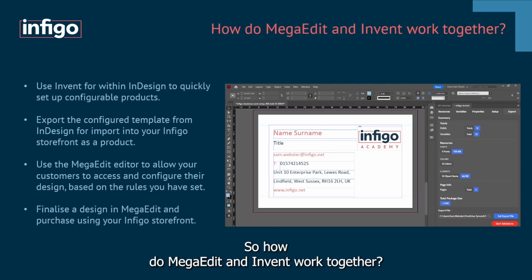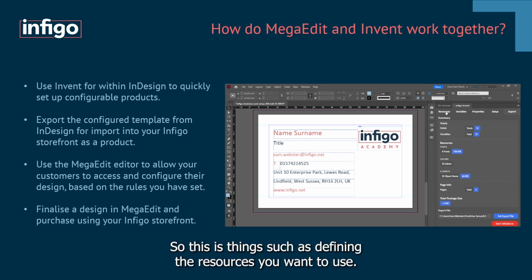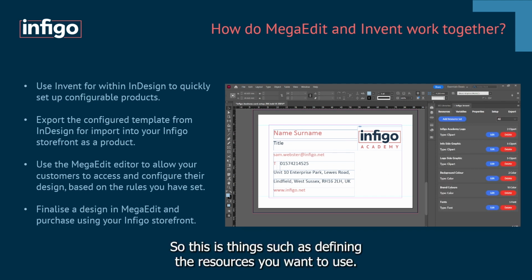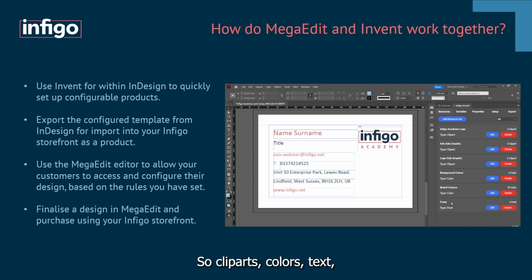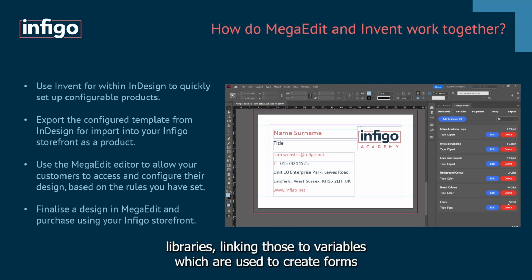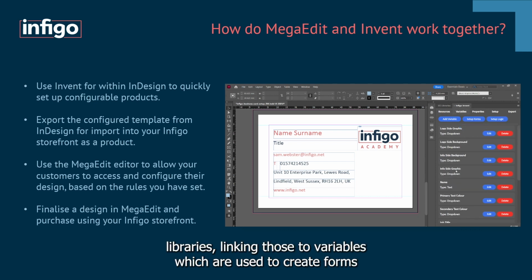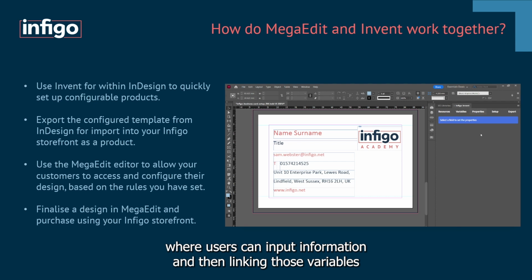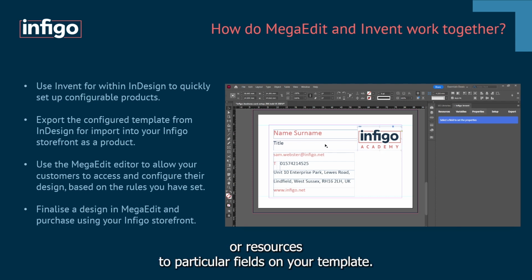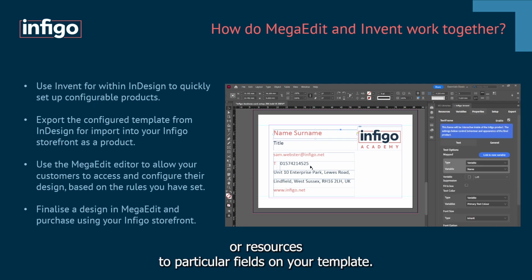So how do MegaEdit and Invent work together? We can use Invent within Adobe InDesign to quickly set up configurable products. This includes defining the resources you want to use, such as clip arts, colors and text libraries, linking those to variables which are used to create forms where users can input information, and then linking those variables or resources to particular fields on your template.